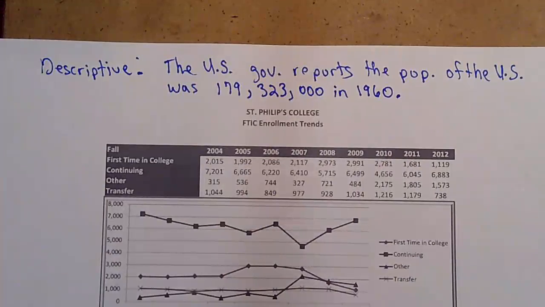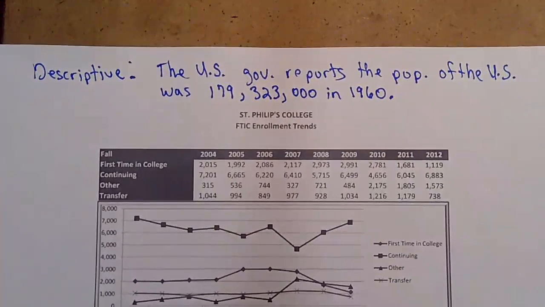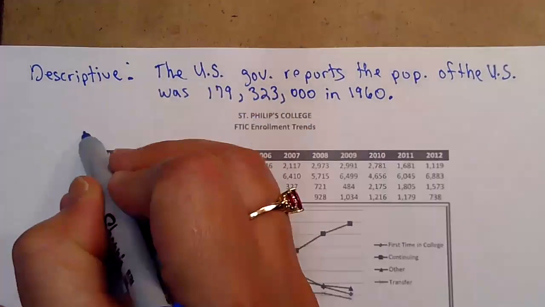But if we were going to use that kind of information to try and estimate future populations, then it would become inferential.